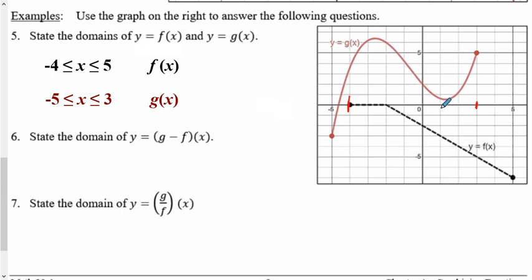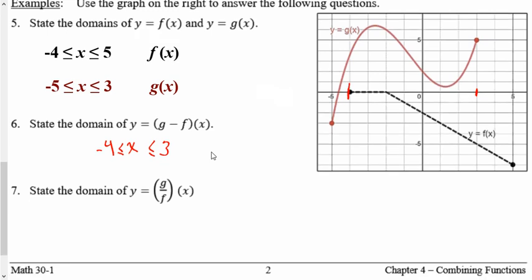So here I'll say my x value is greater than or equal to, the smallest number here would be a -4, and the largest number there would be a +3. So this will be my domain here when I'm going to subtract these two functions. Not too bad. You just have to look, where do both functions exist?